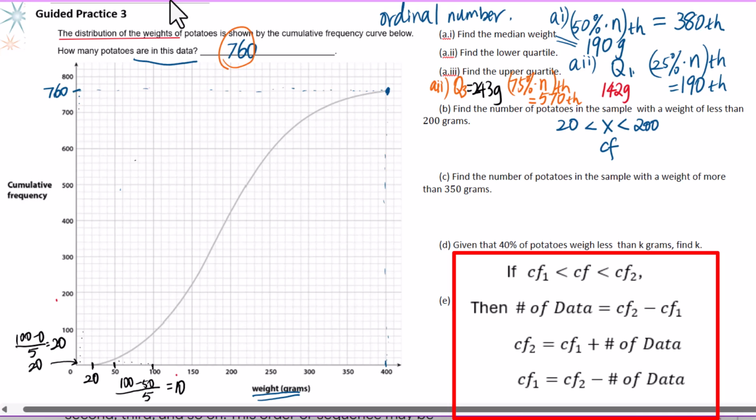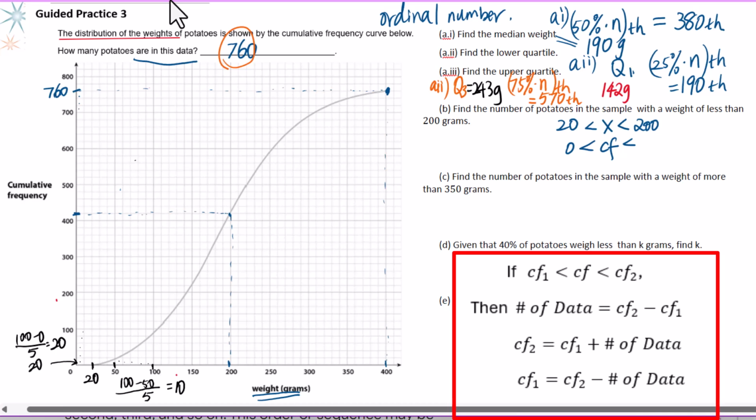When the weight is 20, the cumulative frequency is 0. For 200, find the corresponding cumulative frequency. 200 is here, go up, then this is the intersection. Then draw this horizontal line.